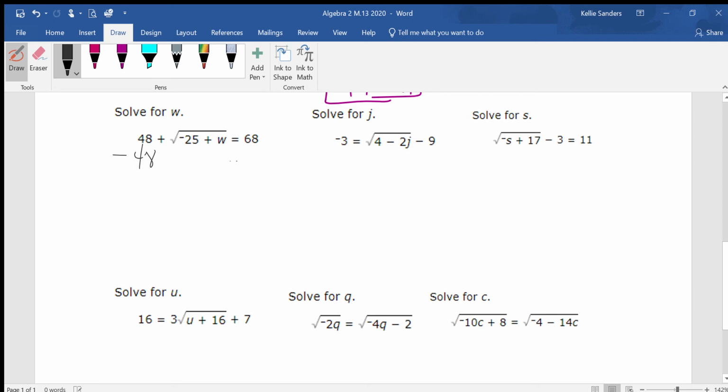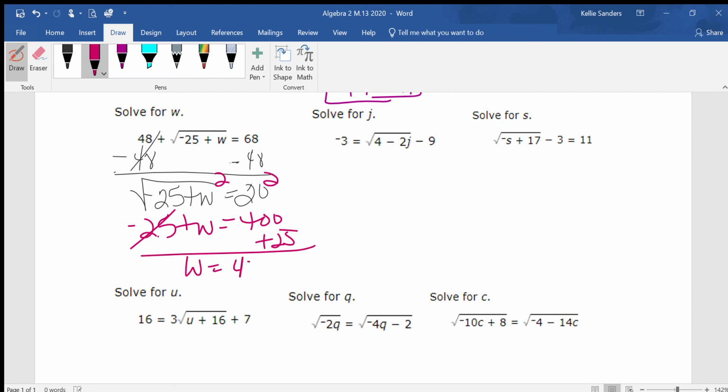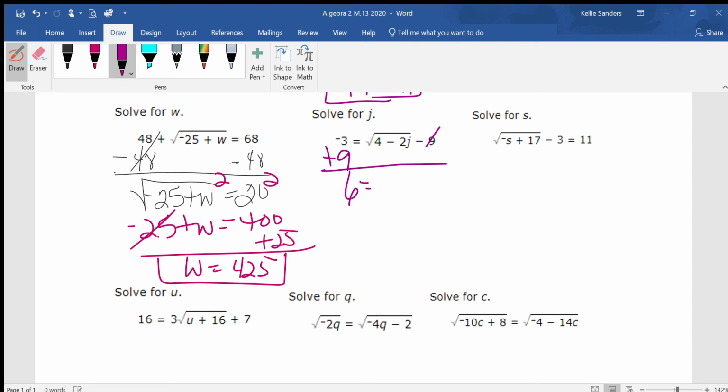Subtract 48. Subtract 48. The square root of negative 25 plus W equals 20. Square both sides. Negative 25 plus W equals 400. Add 25. 425. Add the 9 first to get the square root by itself. Square both sides.